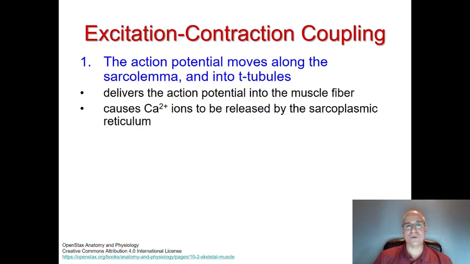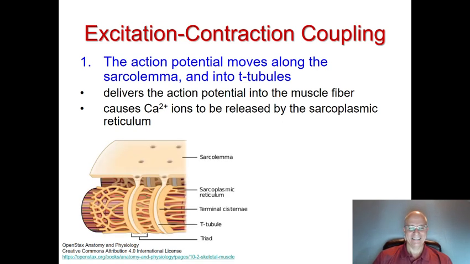When that happens, it's going to cause calcium ions to be released from the sarcoplasmic reticulum. So here again is our sarcolemma with our T-tubules. When an action potential travels along our sarcolemma here, the action potential is going to go down into the T-tubule.